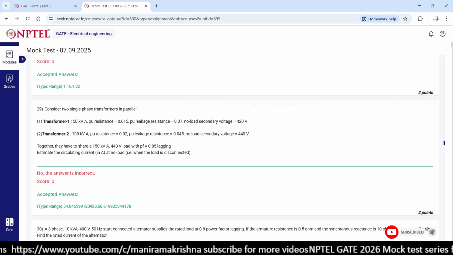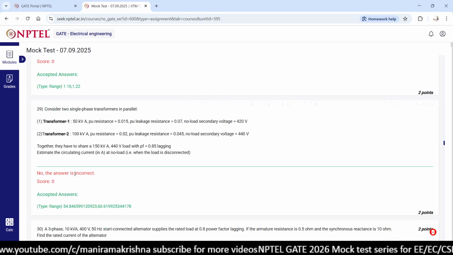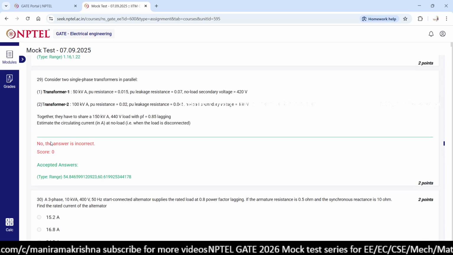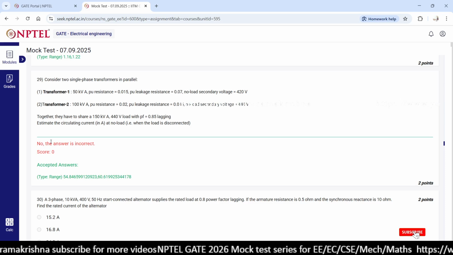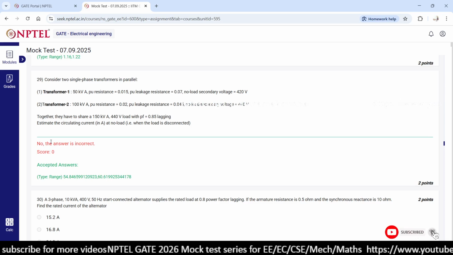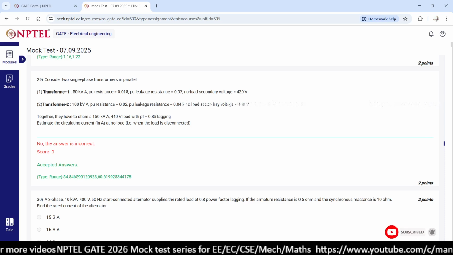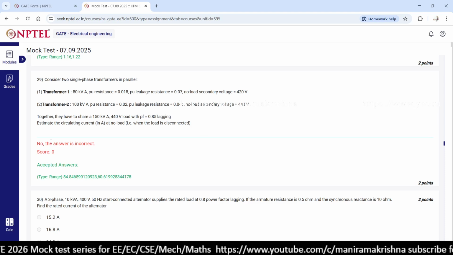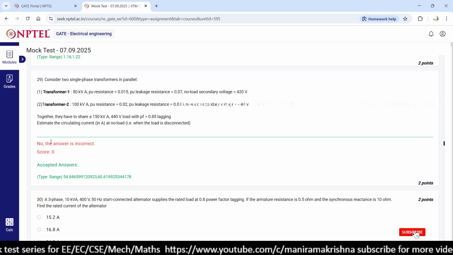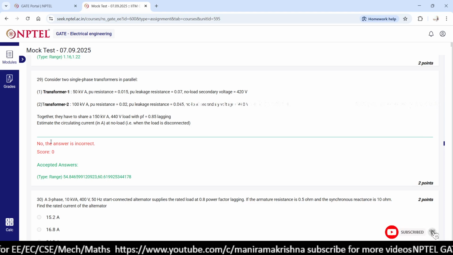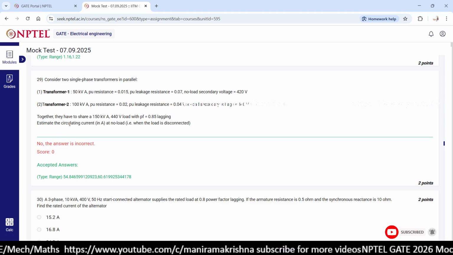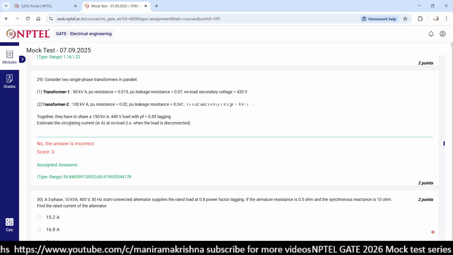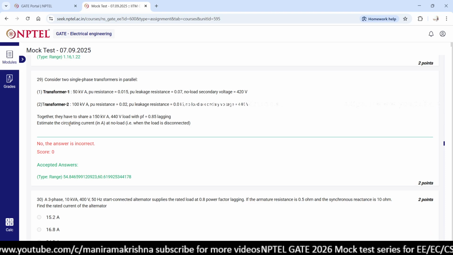Next we'll have transformer questions, related to the load test, load sharing of two transformers, and parallel connection of transformers.